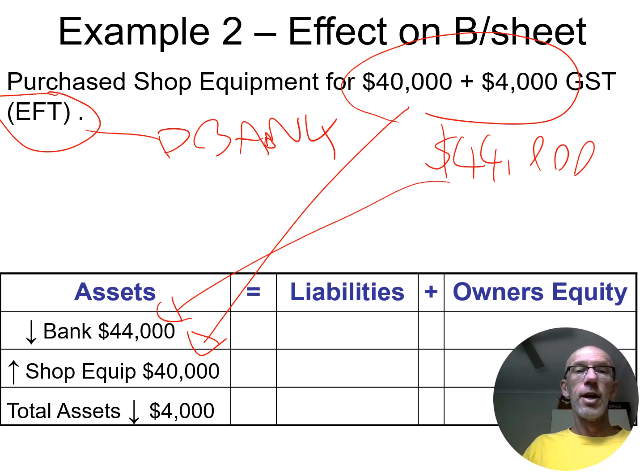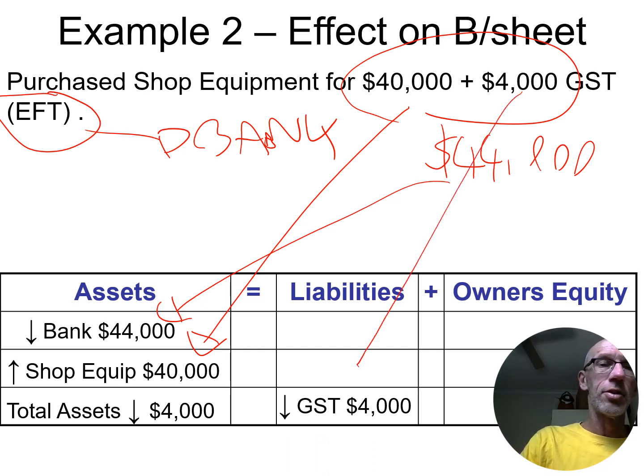In terms of our liabilities, there's a GST effect. Because of the GST purchase, that's going to offset the GST we collect from accounts receivable and cash sales. So therefore, it actually decreases our liability.